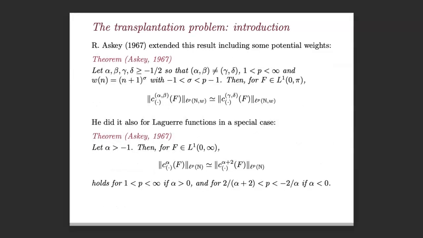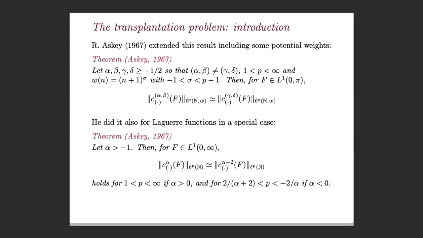Well, Askey himself extended this result one year later, including some potential weights, for different orders bigger or equal than -1/2, p between 1 and infinity, and a power weight with the exponent sigma between -1 and p minus 1.